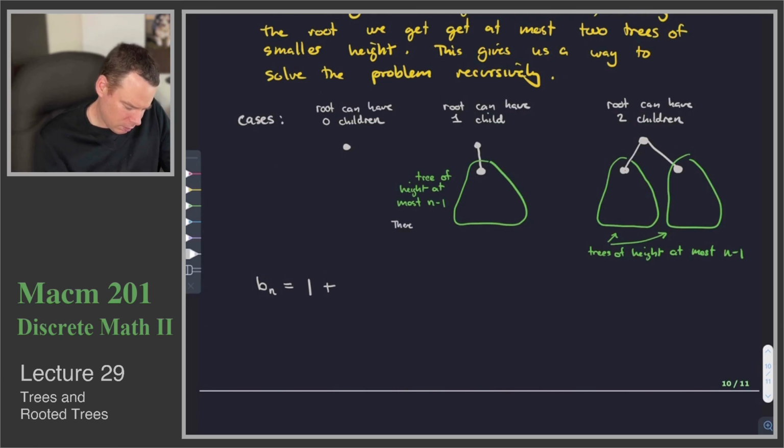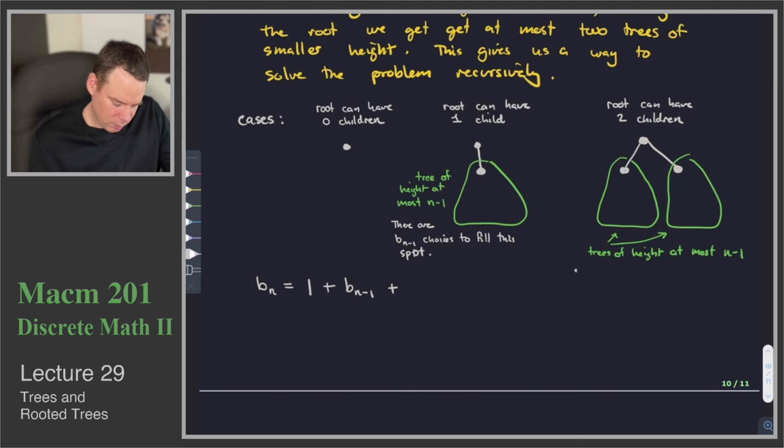How many choices for a tree of height at most n minus 1? Well, there are b sub n minus 1 trees of height at most n minus 1. So any one of those I could pick to fill this spot. So there are b sub n minus 1 choices to fill this spot. So we have b n minus 1 plus, and then how about filling these 2 slots?